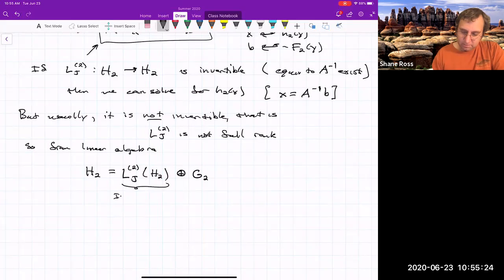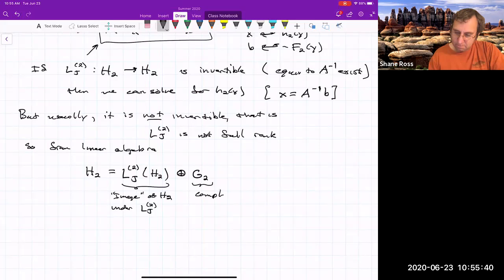This part is the complementary space. It's the part that can't be reached.